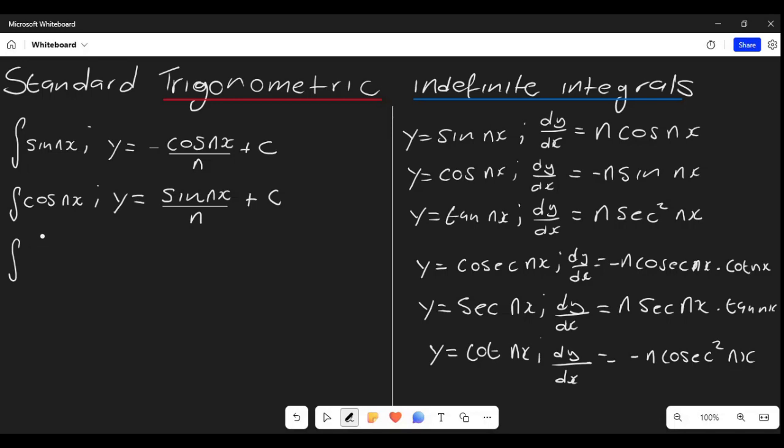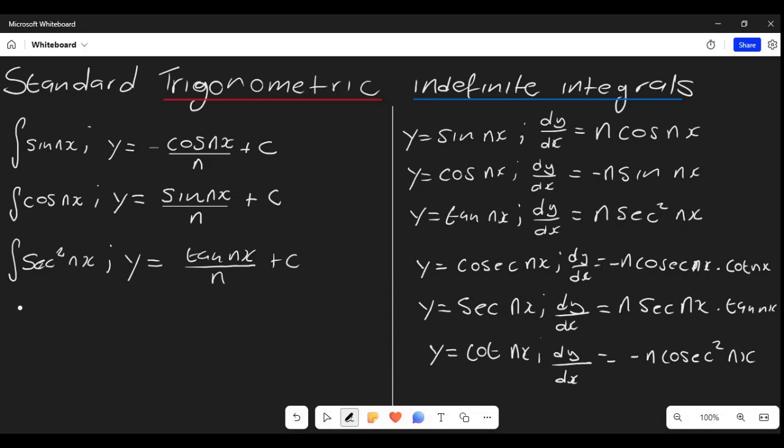What about the one for tan? We're going to use sec squared nx, and the integral of this is y equals tan nx over n plus c.